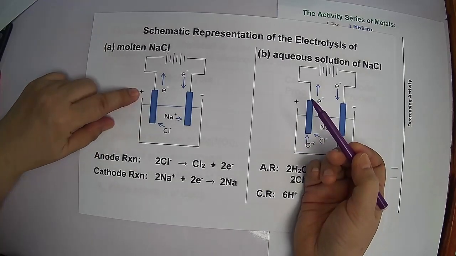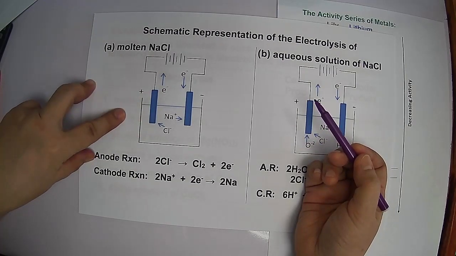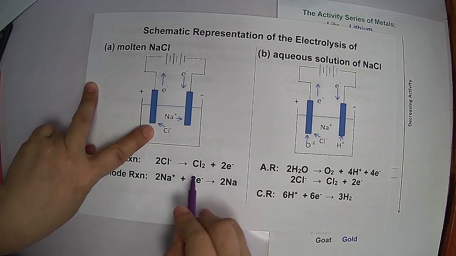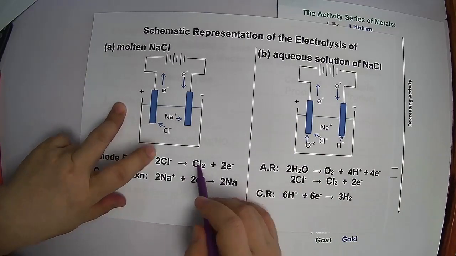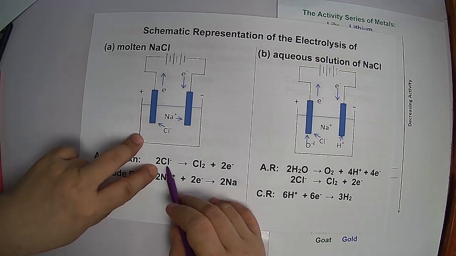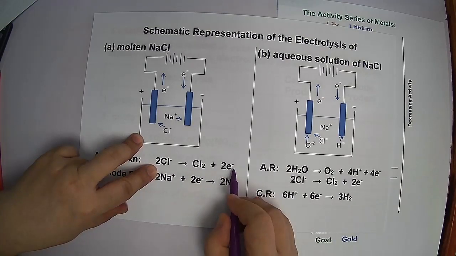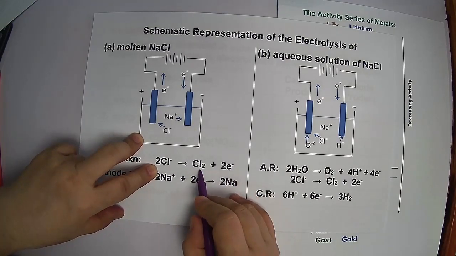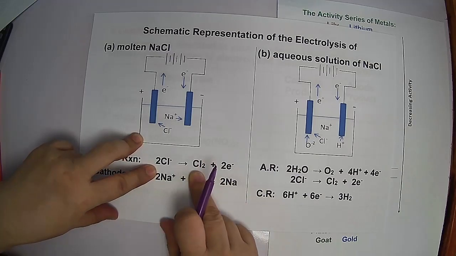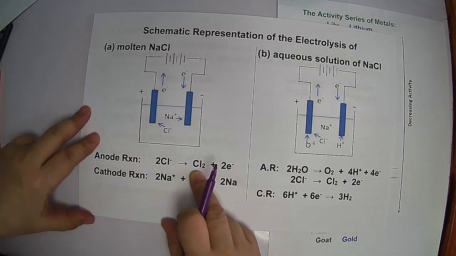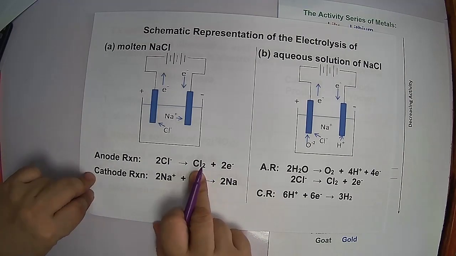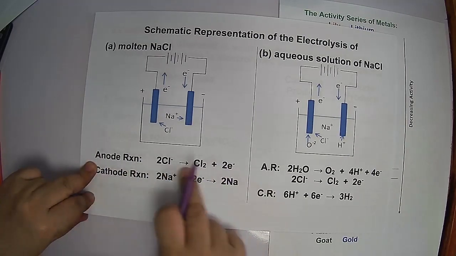Since at the anode an oxidation reaction takes place, and chlorine is diatomic, you need 2 chloride ions, losing 1 electron each, so there would be 2 electrons lost in total to have chlorine gas as the product at the anode.